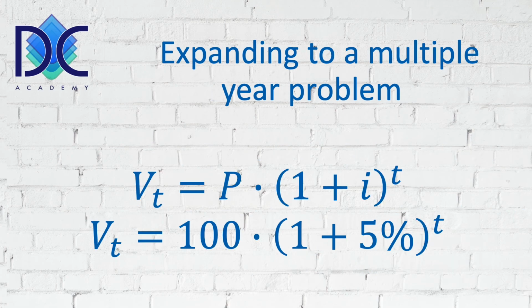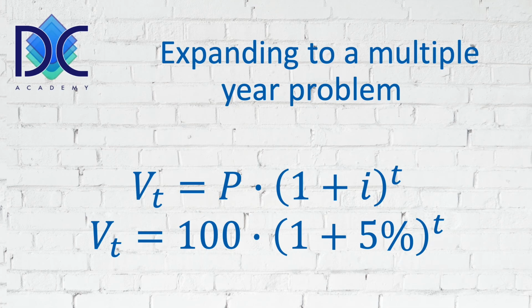When we look at T periods, and 1, 10, 20 periods, we can use the formula that the result after those T periods, taking into account the compounded interest, is the principal, the $100, multiplied with 1 plus the interest rate to the T power.